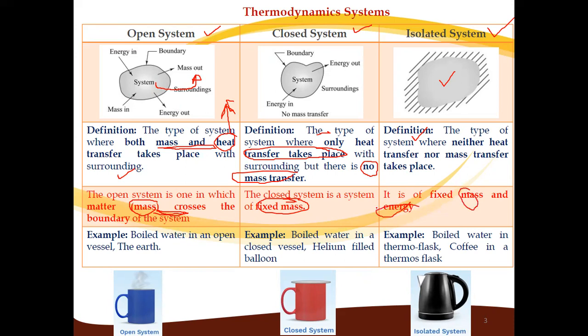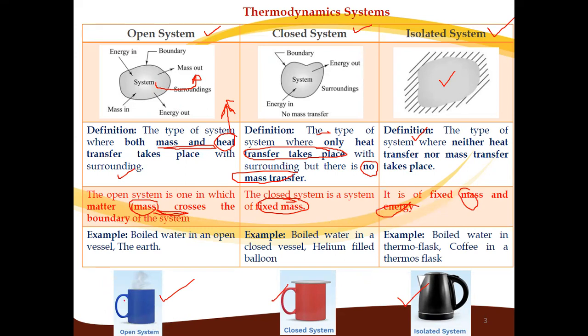Now, the examples of an open system, a closed system, and an isolated system. Boiled water in an open vessel is an example of an open system. The second example will be the earth.